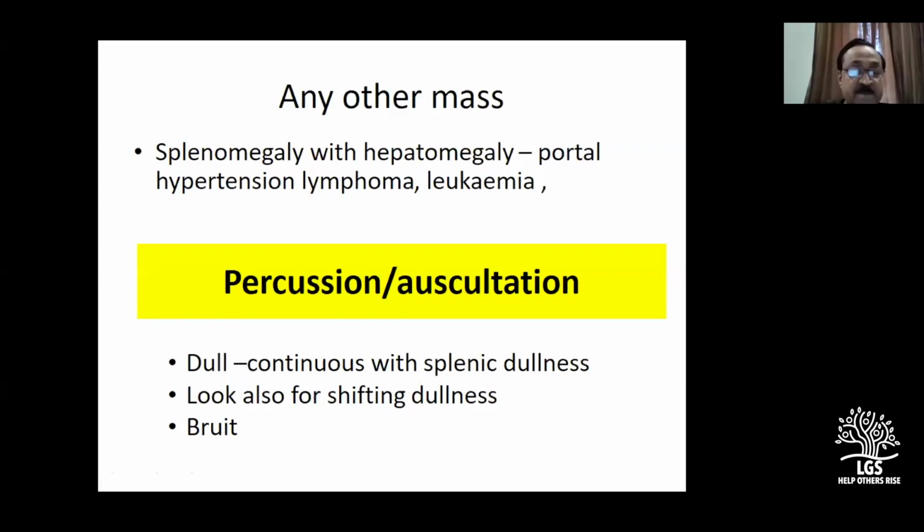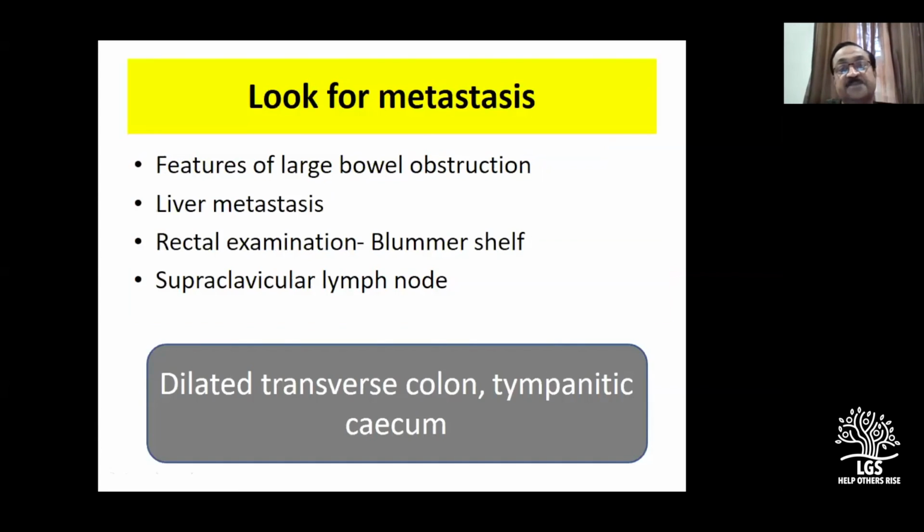This is some kind of a rub, especially in cases of infarction of the spleen. If your case is a carcinoma of the splenic flexure, now is the time for you to look for a dilated colon, tympanitic cecum, indication of an obstruction. So look for liver metastasis, supraclavicular node, and of course rectal examination for Blumer's shelf.